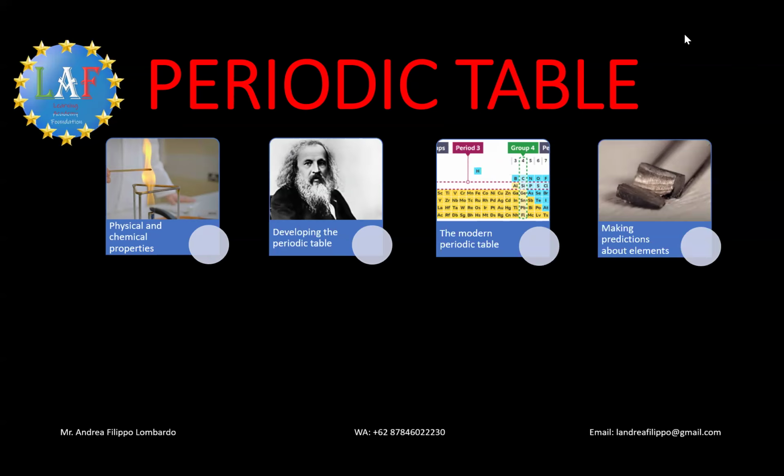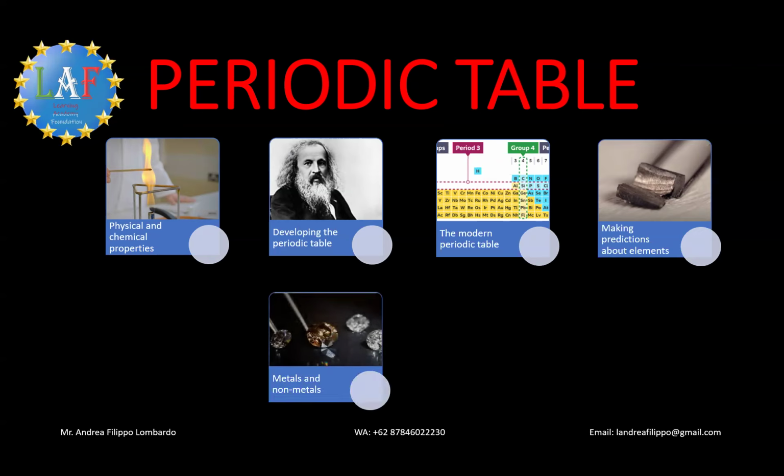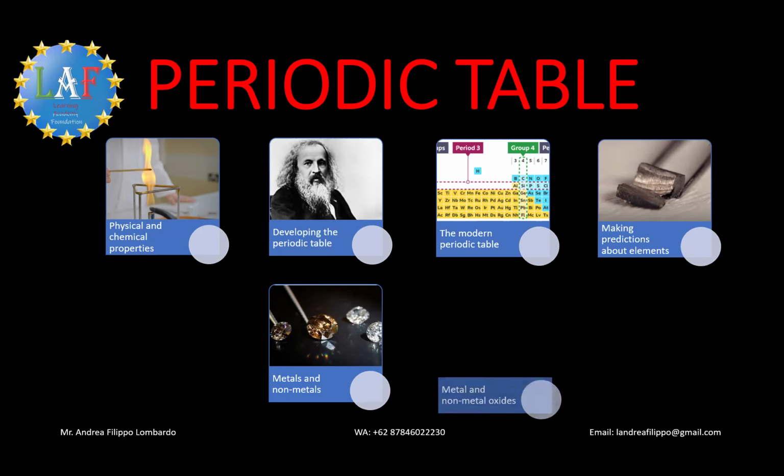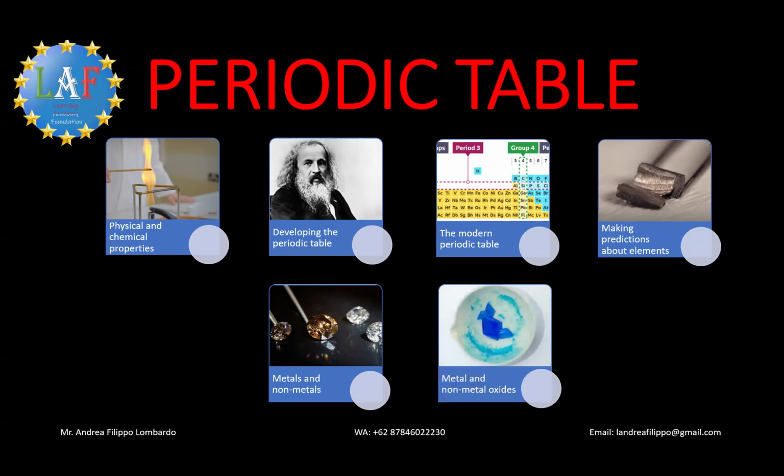They tend to have opposite properties, so metals are mostly solids, non-metals liquids or gases. Metals and non-metals can be heated in oxygen to make compounds called oxides.